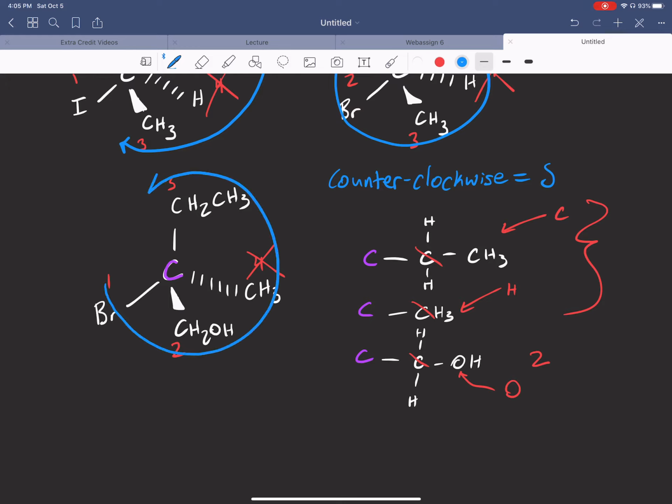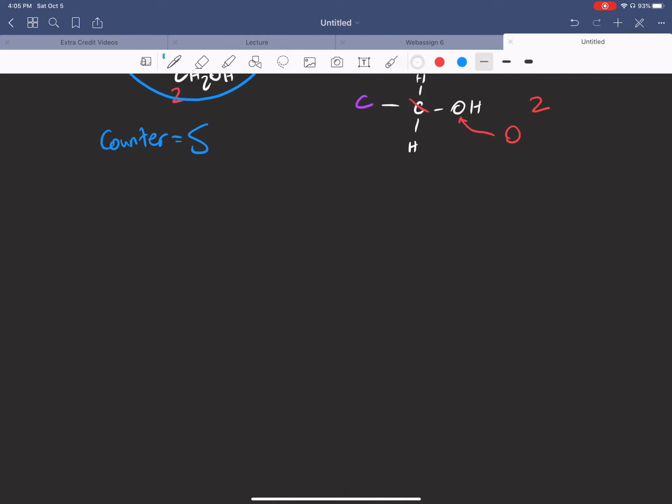Right? This is going to go counterclockwise. So that's S. Okay? So that's going to be the S configuration.